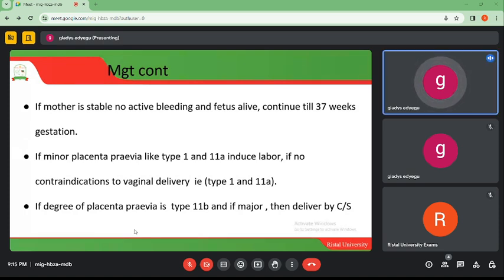So we have to look at these two different types, and when you look at them, we can assess how we are going to manage these mothers.